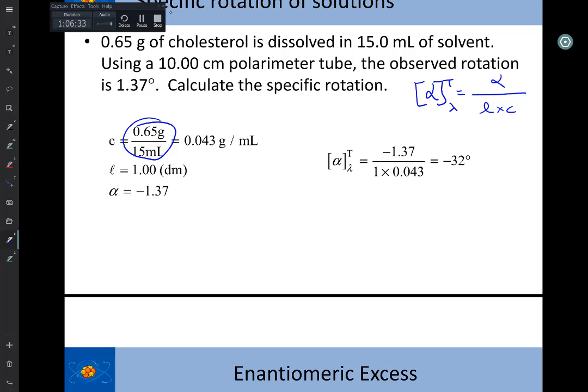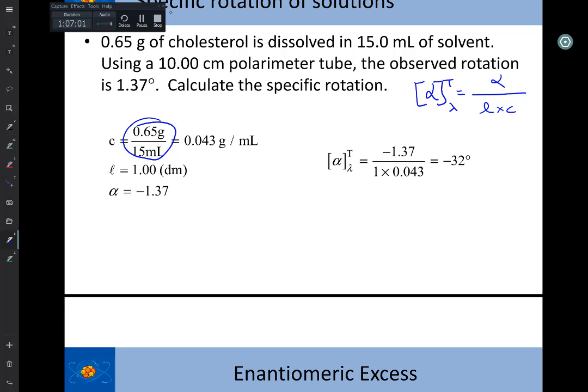And then alpha is the observed rotation, right? That's just alpha. And then you plug that in here, and it's negative because I forgot to mention this. When you see the rotation of the light, one enantiomer turns it to the right, and the other one turns it to the left. There's no correlation though between R and S and whether it rotates it right or left.